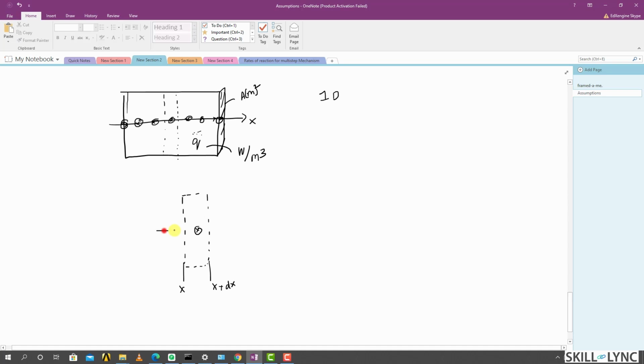Now the incoming heat is going to be Q at x, the outgoing heat is going to be Q at x plus dx, and the volumetric heat generation is going to be Q triple dot. Now we know that the volumetric heat generation has units of watt per meter cube, and the heat flux has units of watts.